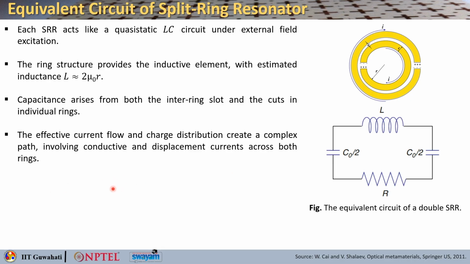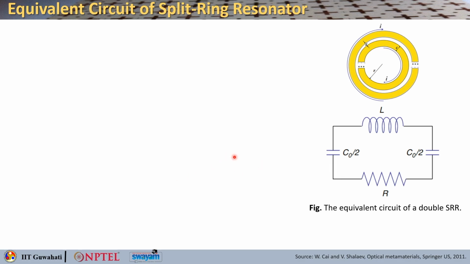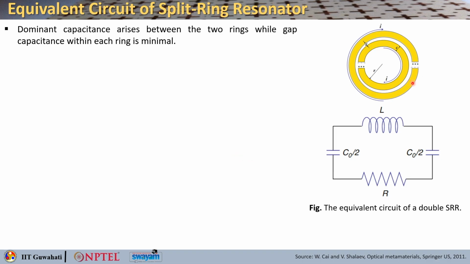So, the effective current flow and the charge distribution can create a complex path. You have conductive and displacement current across both rings. Now, the dominant capacitance arises between the two rings, because a much larger length is covered, and the gap capacitance within each ring is much smaller compared to that.